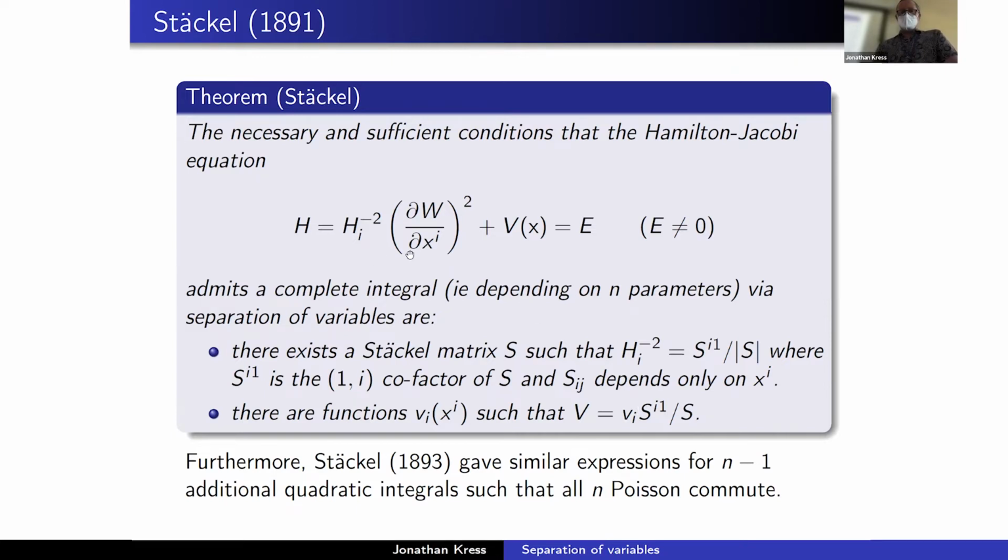So this H is a sort of distinguished one from this Stackel matrix with a 1 here, and the other ones turn out to give you other quadratic integrals, and they all Poisson commute. So that's essentially everything you need for an integrable Hamiltonian system.